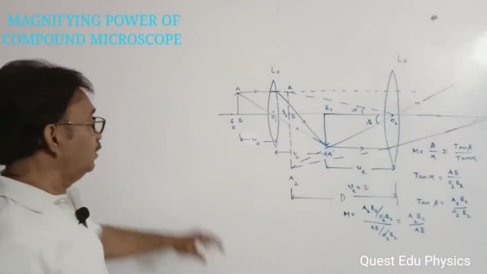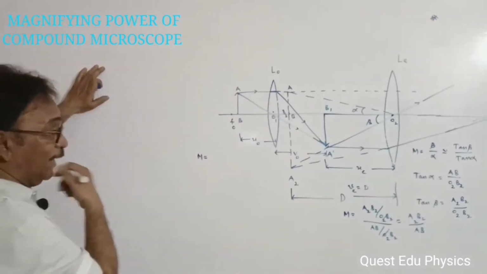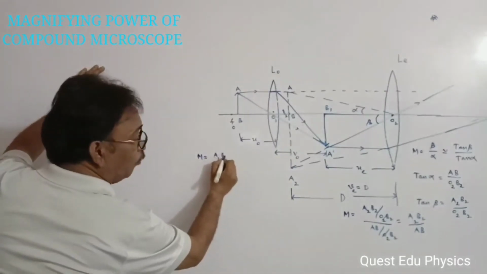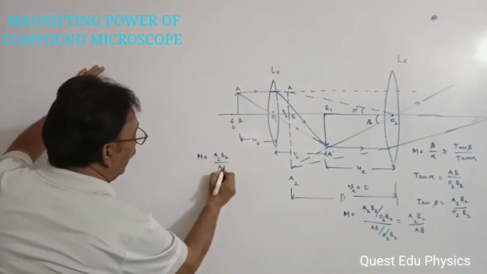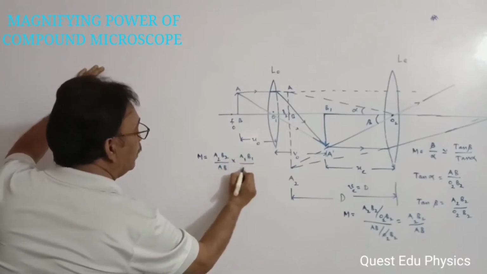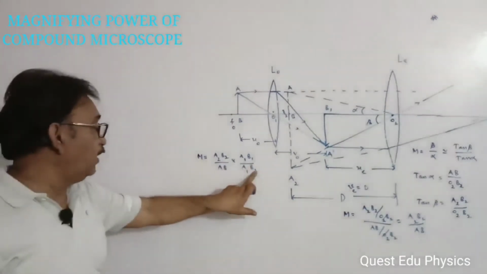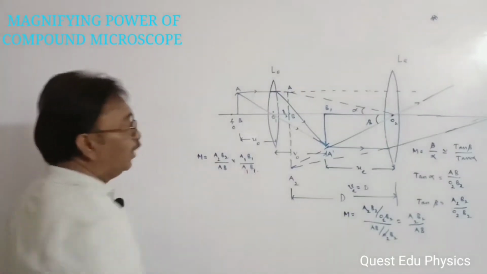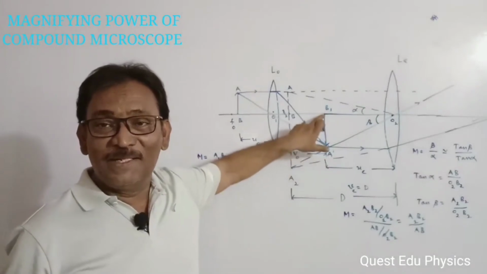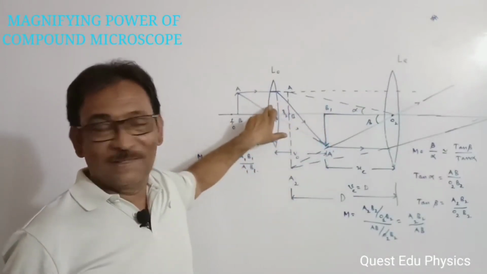Okay, students, see this. I can rewrite this equation. M is equal to A2B2 by AB as A2B2 by A1B1 into A1B1 by AB. I'm just multiplying and dividing with A1B1. What is A1B1? A1B1 is the height of the image formed by the objective lens.